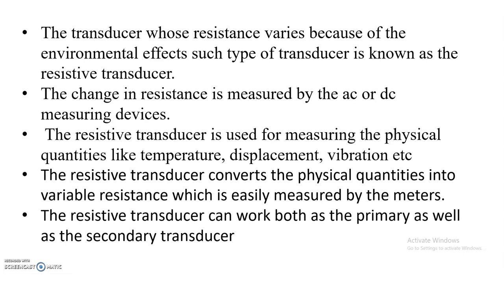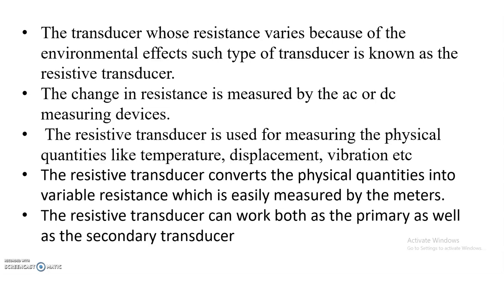The change in resistance is measured by AC or DC measuring devices. The resistive transducer is used for measuring physical quantities like temperature, displacement, variations, etc. The measurement of a physical quantity is quite difficult, and resistive transducers convert the physical quantities into variable resistance, which is easily measured by a meter.